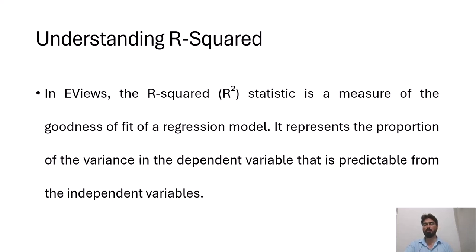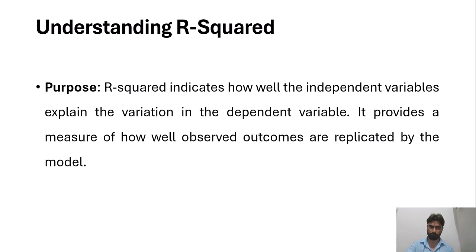In any economic model, we want to check how much variation in the dependent variable is due to any change in the independent variables. So R-square tells us how much the dependent variable is being affected by the independent variables. This is the basic definition or the basic concept of R-square.